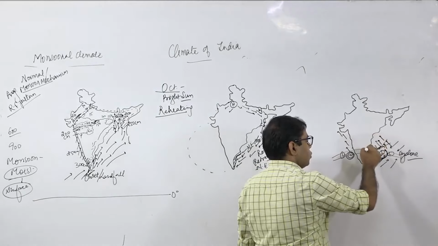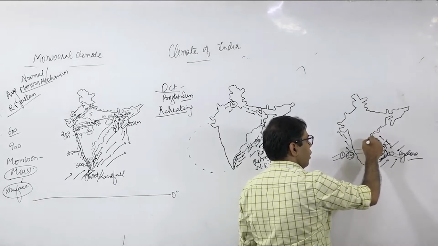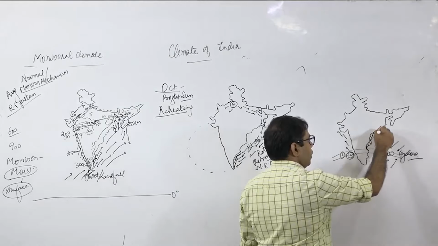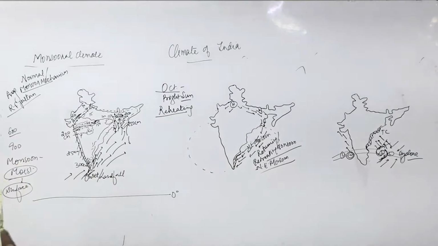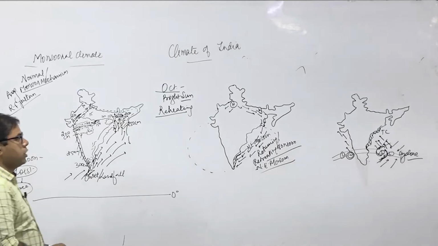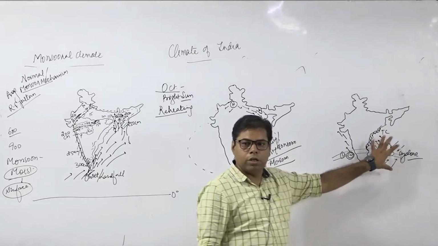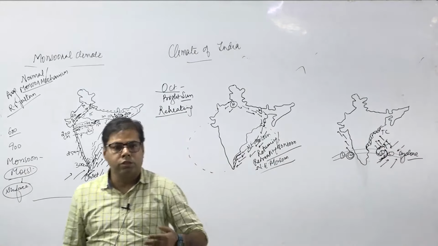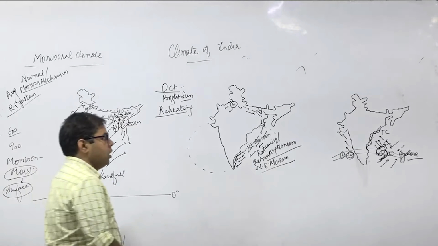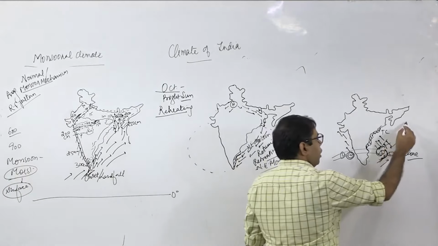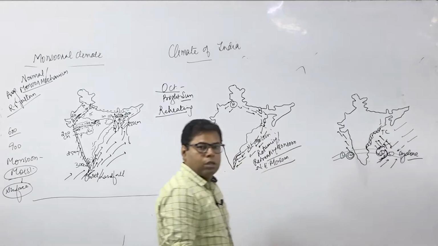So the coasts of Andhra Pradesh, Tamil Nadu, Odisha and West Bengal are affected by tropical cyclones, because during the winter season the sea surface temperature of the Bay of Bengal is higher in comparison to the land, and this is also under the effect of the returning northeast wind.